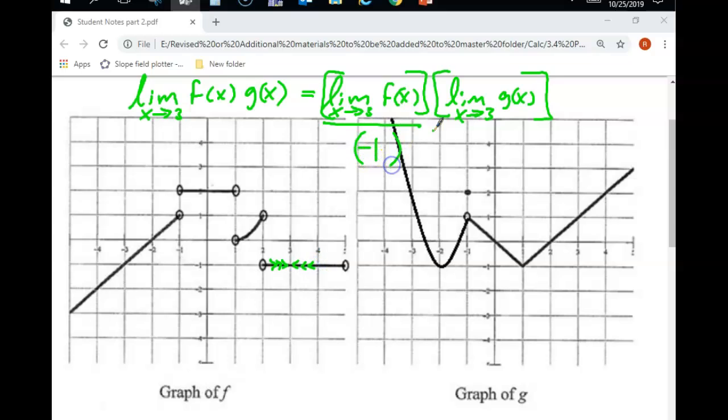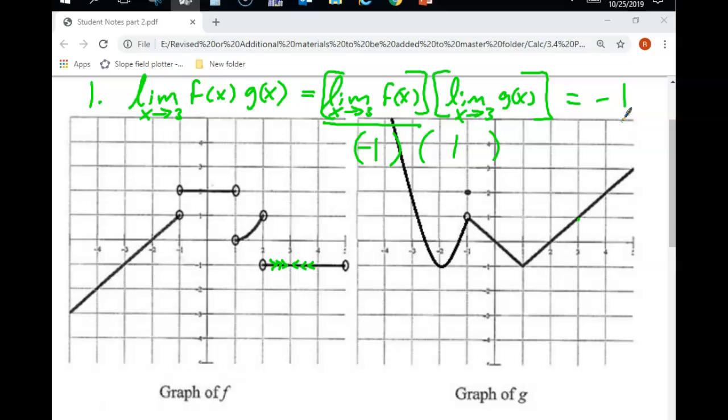And what's the limit of g of x as we approach 3? +1. That would be right here, right? And so my final answer for that first question on example 2 would be -1. Yeah, example 2, number 1.